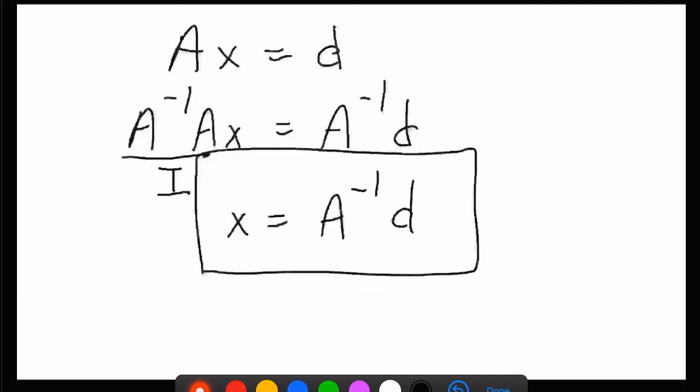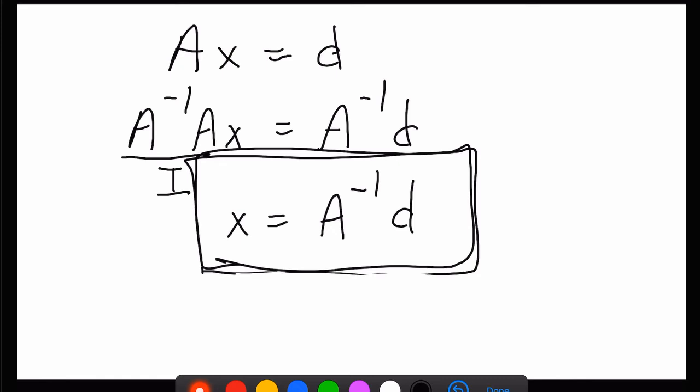And this not only works for a 2 by 2, it works for a 3 by 3, a 4 by 4, a 100 by 100, 1,000 by 1,000. We can use this to solve any number of equations and unknowns. Okay? You ready?